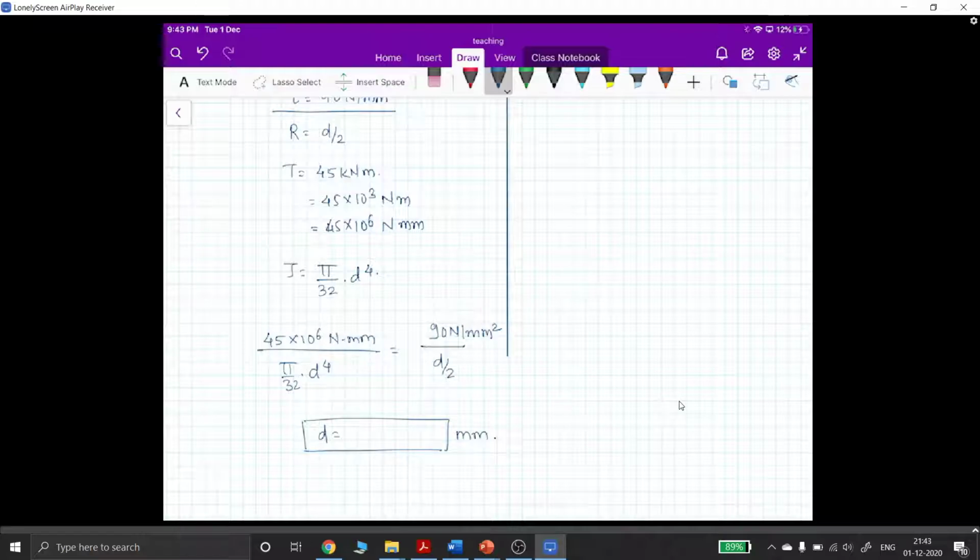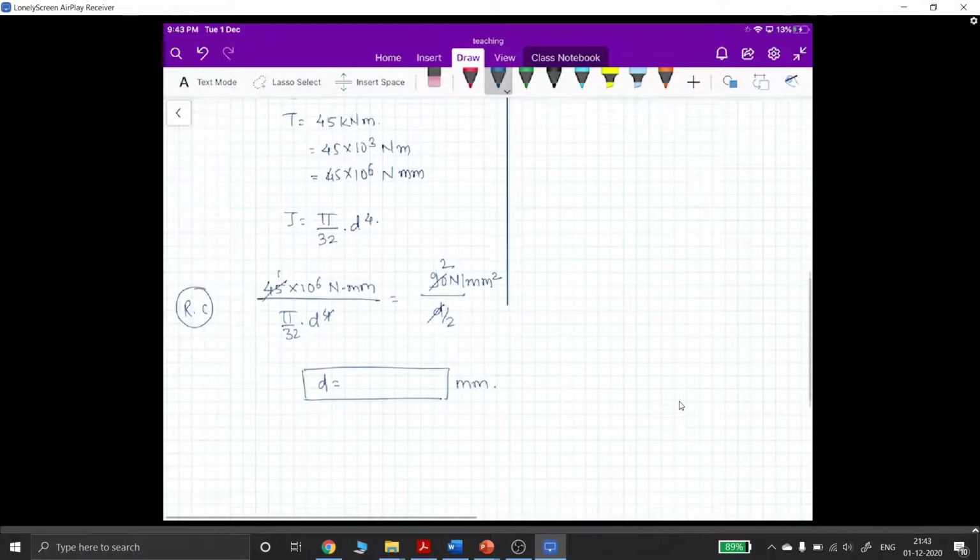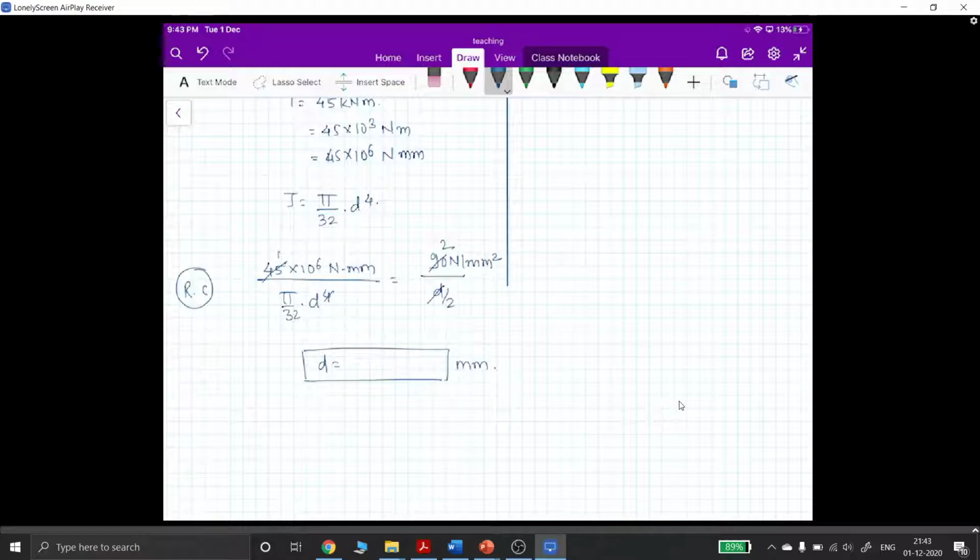Even I will try to calculate the same answer. So rough calculations will be here. d cube will be equal to 10 to the power 6 into 32 divided by 2 pi, and this 2 will also go upward, so this will be 4 pi.